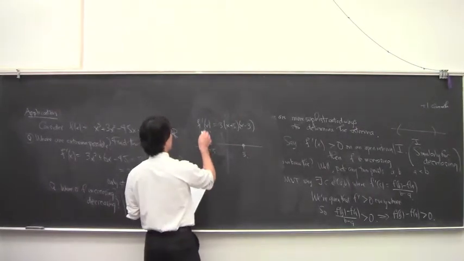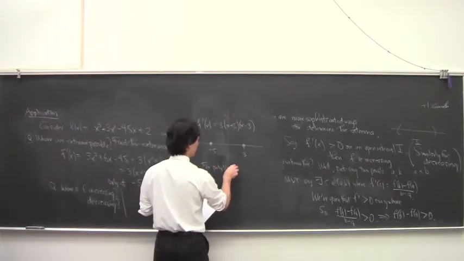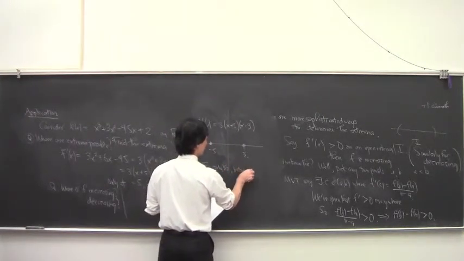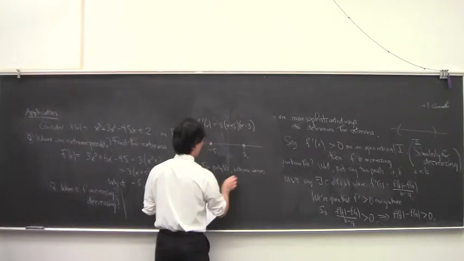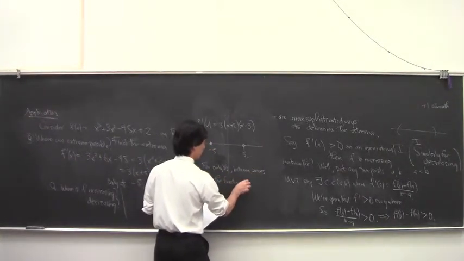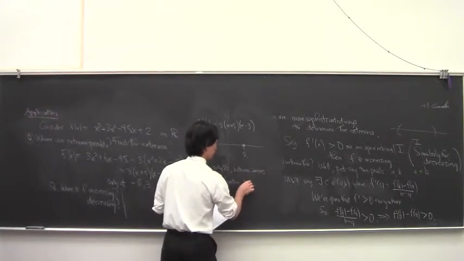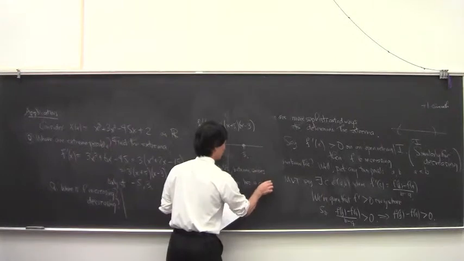So for polynomials, between zeros, the function doesn't change sign, has a constant sign.